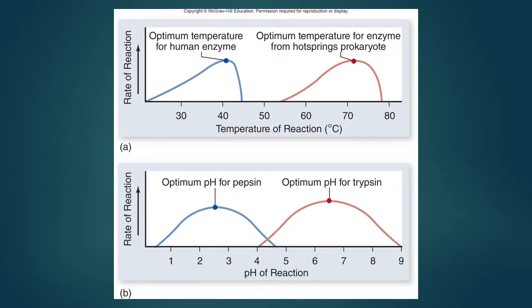So here is something, talks about temperature and pH of the reaction. So the rate of reaction, it shows in the arrows on the left pointing up. So the higher the rate of reaction, the faster it's going. So in heat, we generally have a pretty linear slope that gets faster and faster and faster until we reach its optimal temperature for human enzymes, for example.